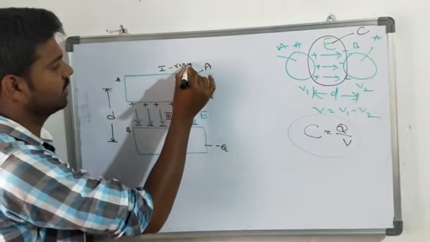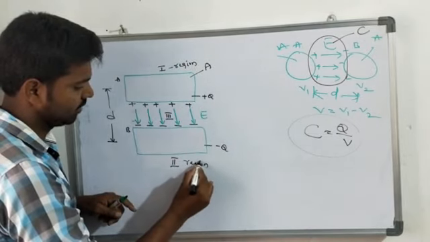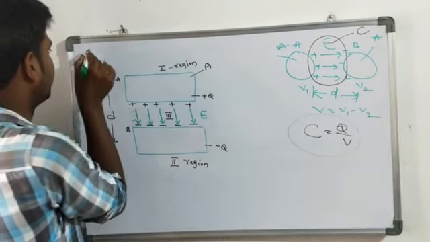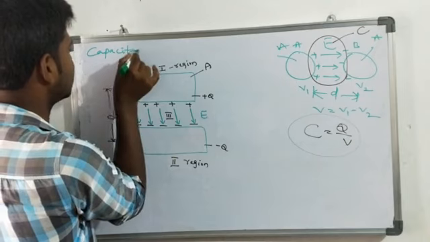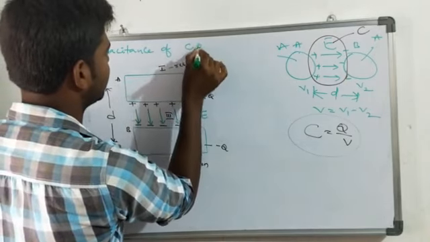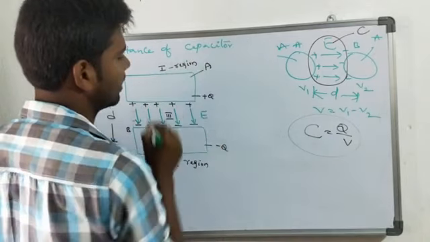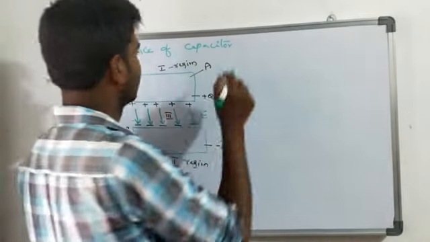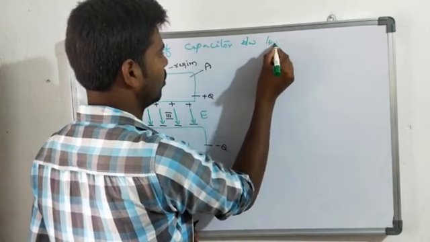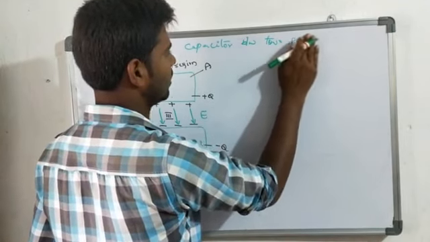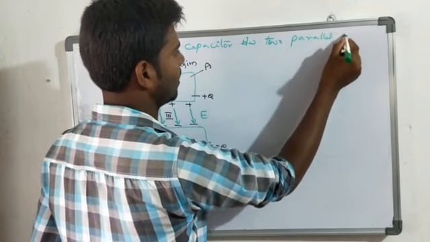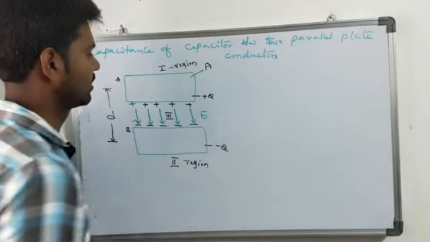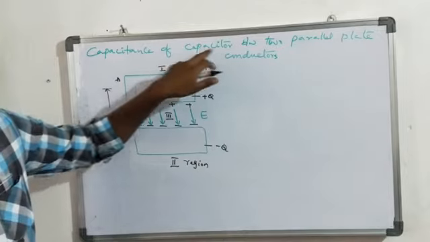Now what we want to derive is the capacitance of the capacitor between two parallel plate conductors.